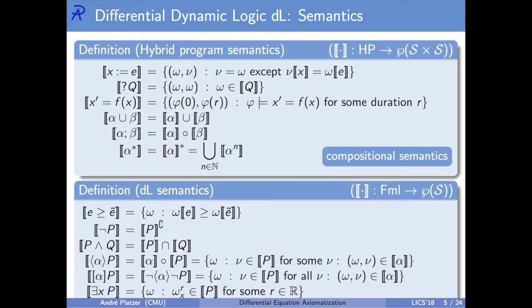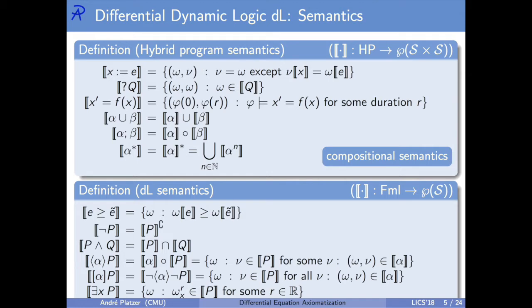Intuitively, that means I can run the hybrid program alpha to get to a state where P holds true, and that meaning is simply the relation composition of the reachability relation of alpha composed with the one-point relation or set of all states in which P is true. That means exactly what I spelled out here. It's true in the set of all states such that for some successor connected by the program, I have gotten to a state where P holds true.